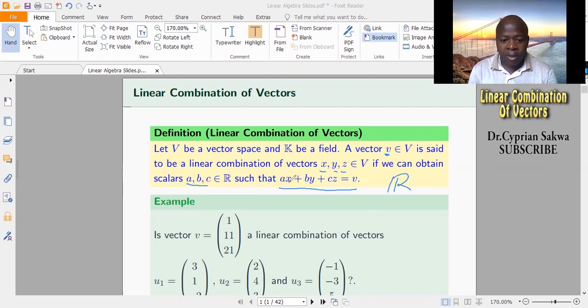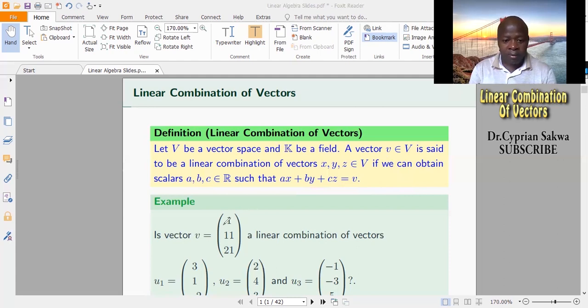If V can be written as AX plus BY plus CZ, then we say that V is a linear combination of vectors X, Y, and Z. If these scalars A, B, C exist, then V is a linear combination of these vectors. But if they do not exist, then V is not a linear combination of these vectors.